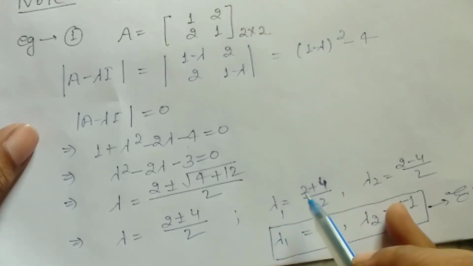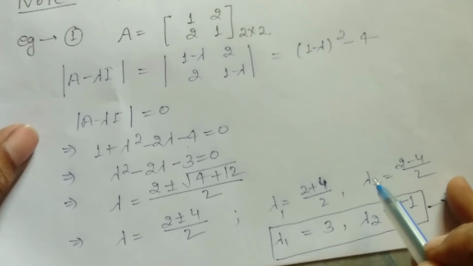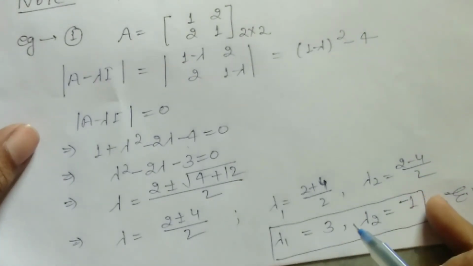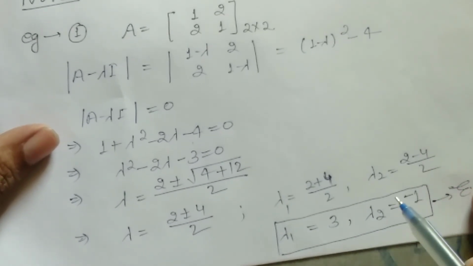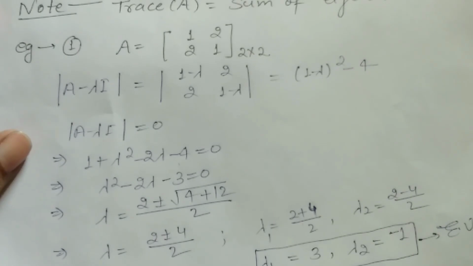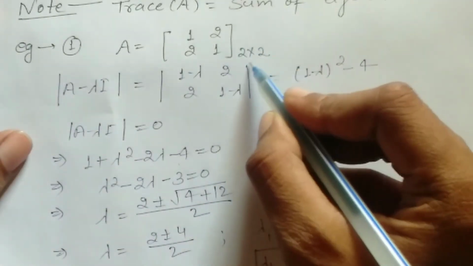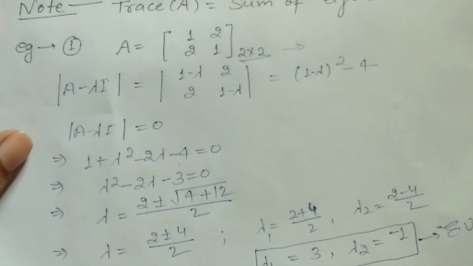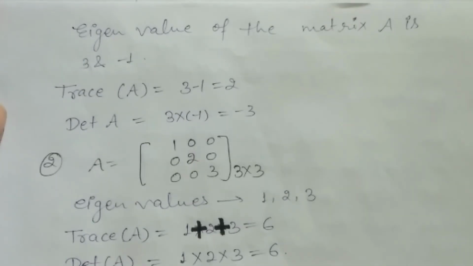One is lambda 1 equals (2 plus 4) by 2, and the second is lambda 2 equals (2 minus 4) by 2, and simplifying, lambda 1 equals 3 and lambda 2 equals minus 1. Okay, these are the two eigenvalues. This matrix is of order 2 by 2, so it has 2 eigenvalues.